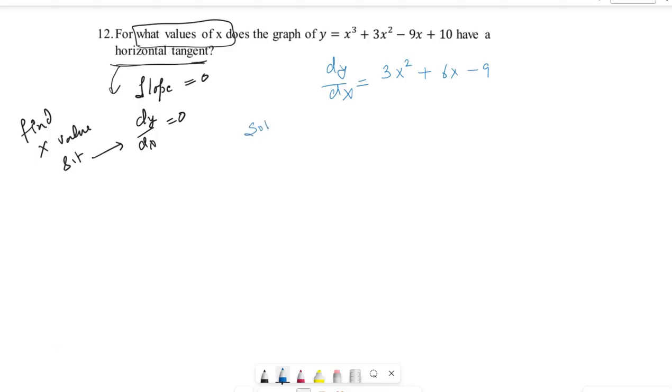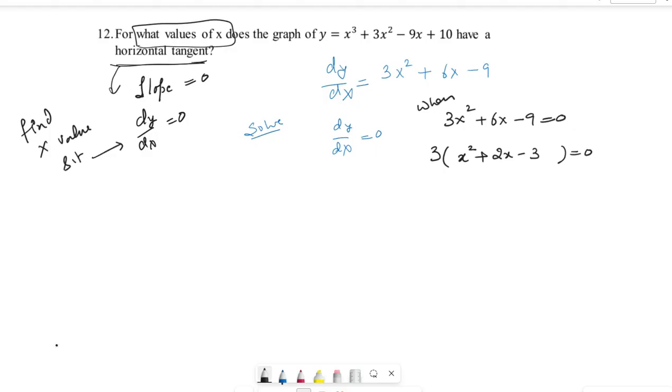We need to solve the equation when dy by dx is 0. Basically, that means we need to find when 3x squared plus 6x minus 9 is 0. I think 3 is a factor of each term, so I'm going to write x squared plus 2x minus 3 equal to 0.